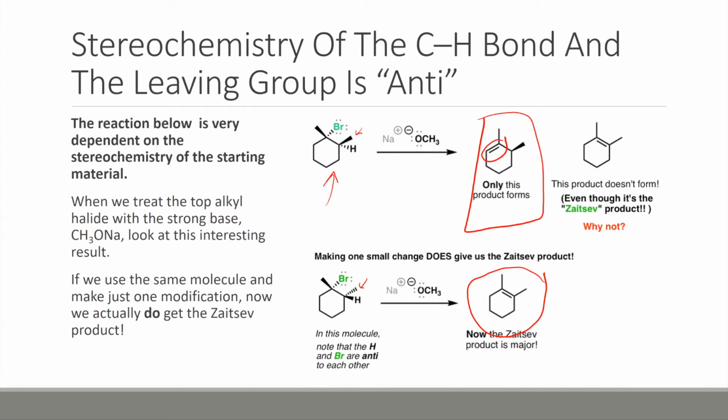This is still a strong base, but we actually change the stereochemistry of this carbon next to the bromine. And we get the Zaitsev product instead of the non-Zaitsev product. And the reason that that changes it is because we have allowed for an anti-hydrogen in the position that would make the Zaitsev product, the major product.